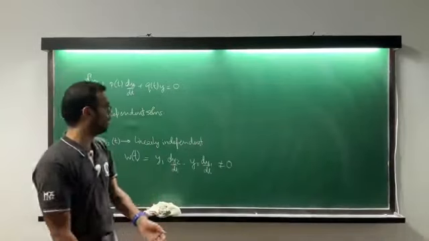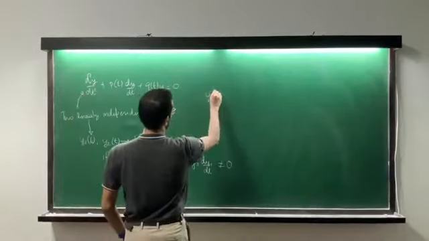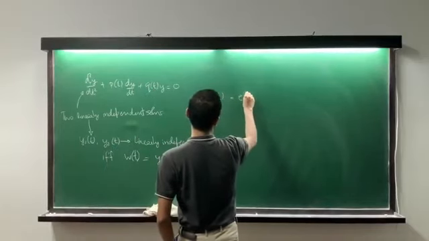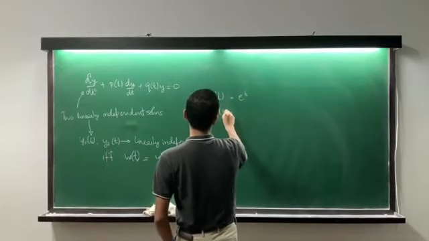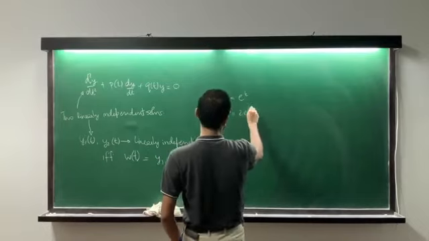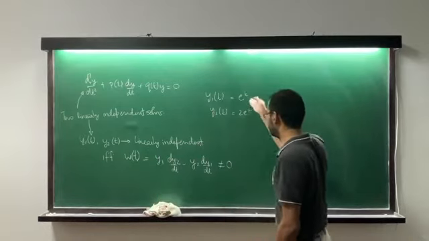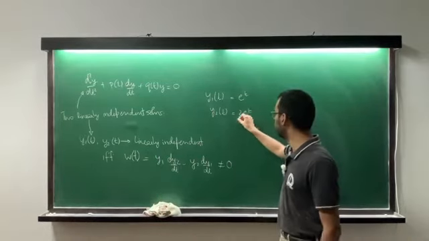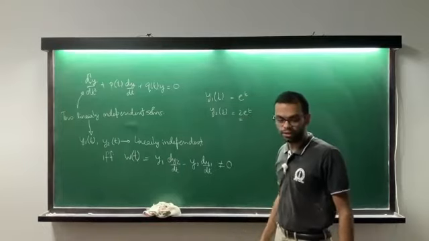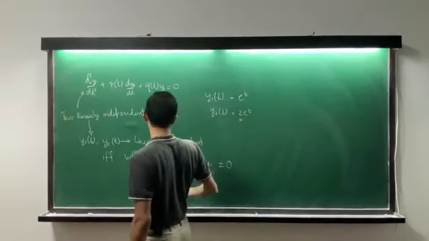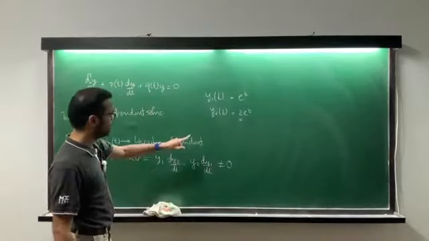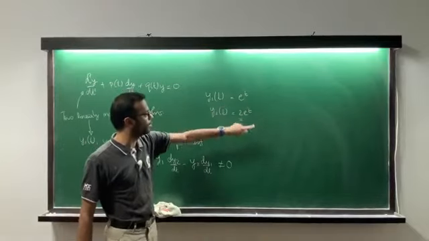So, for example, if I gave you y1 of t is e^t and y2 of t is 2e^t, then clearly it's basically the same apart from a coefficient. There's 1 here and there's 2 here. If you put this down here and take a derivative, let me work that out.